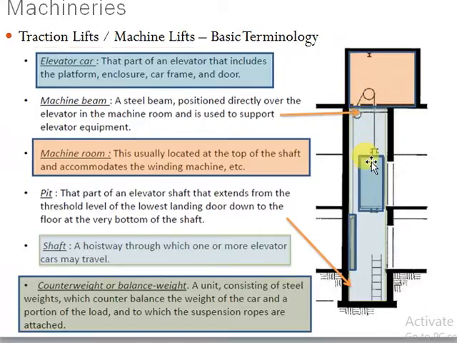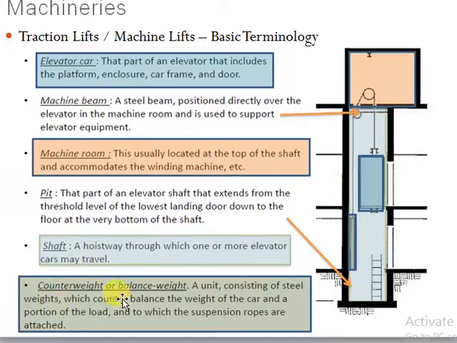Then the second most important component is the elevator car. It is a part of an elevator that includes the platform, enclosure, car frame and door. This elevator car will enable people to move from one floor to the other. Next is the shaft, also known as the lift shaft. The shaft is the enclosure in which the lift moves.